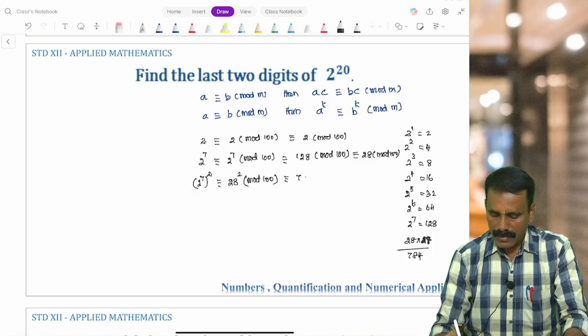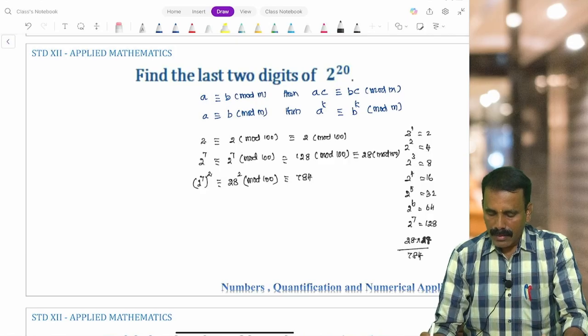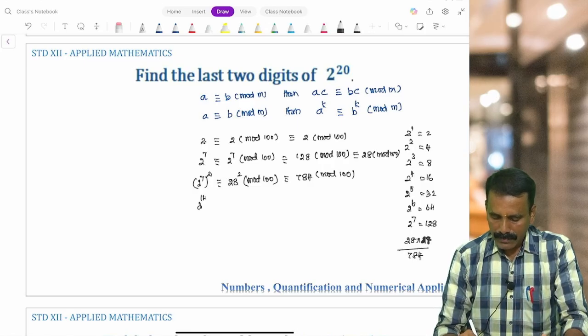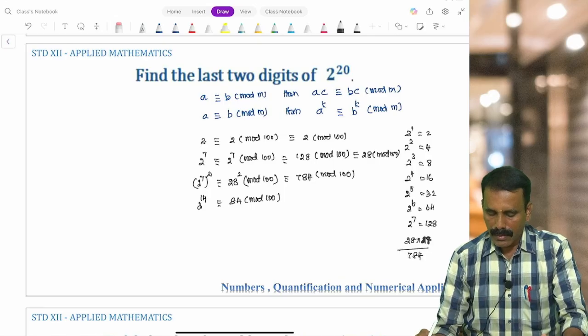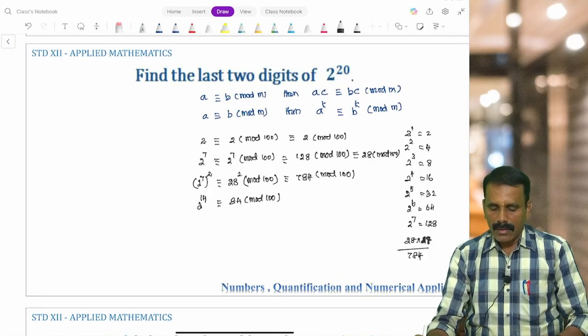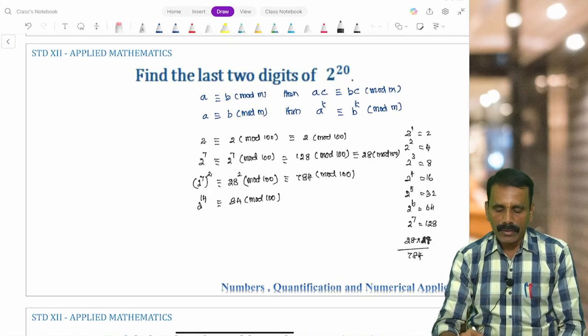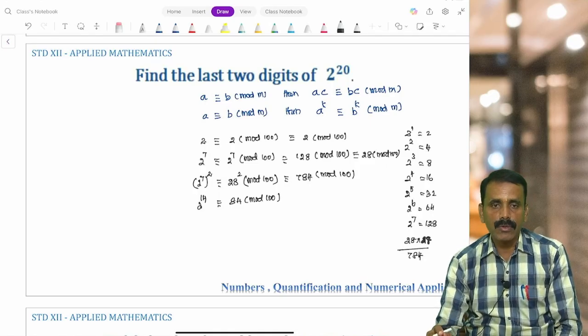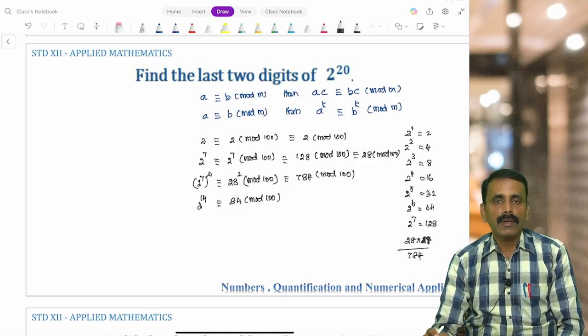So we have 784 mod 100. So 2 power 14 is congruent to 84 mod 100. If you square it, it will be 2 power 28, which goes beyond 2 power 20.